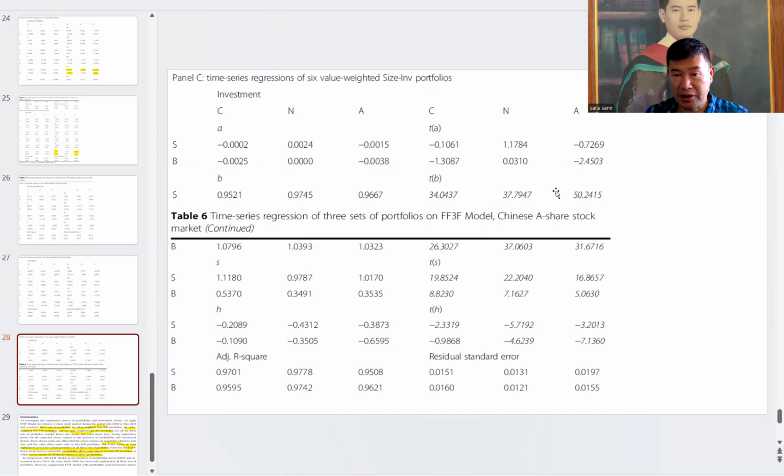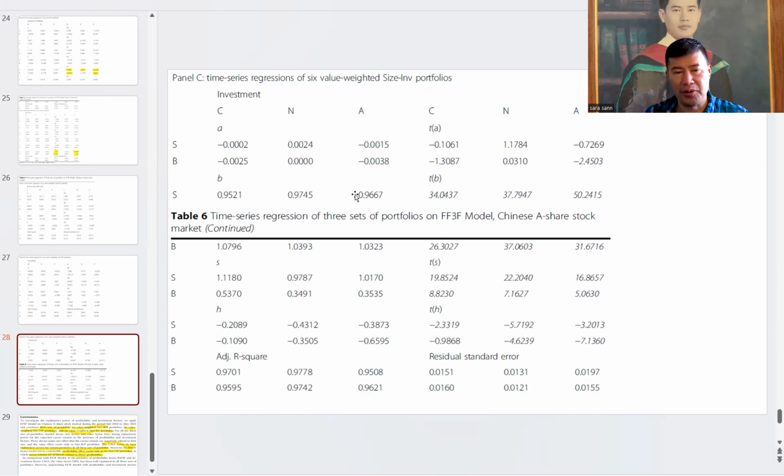Okay, the market factor is significant, and look at the result, positive sign, 95, 97, 96, the results are favorable. What does it mean? It means when the market factor increases, the excess return of any size to return on investment increases. The results are good.